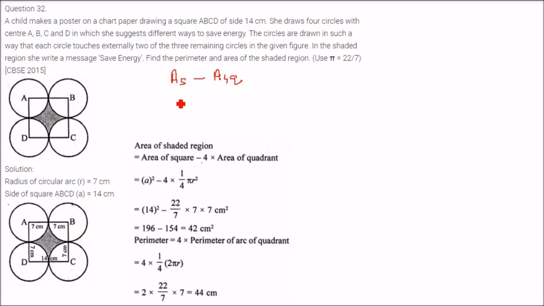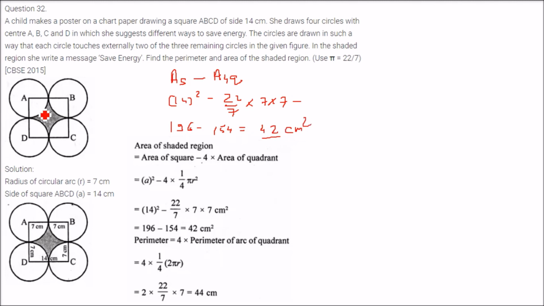Side is 14. So 14 into 14, that is 14 square, minus area of 4 quadrants. As I said, it will combine to a single circle and radius is 7. So it will be 22 by 7 into 7 into 7. So this will be 196 and this will be 154. That is going to come as 42 centimeter square.